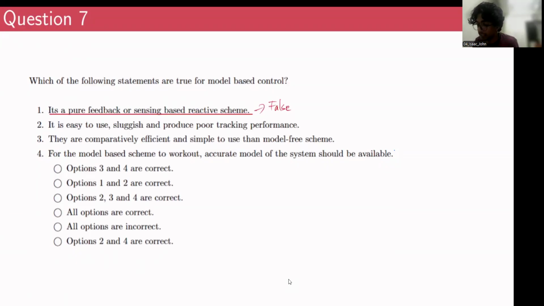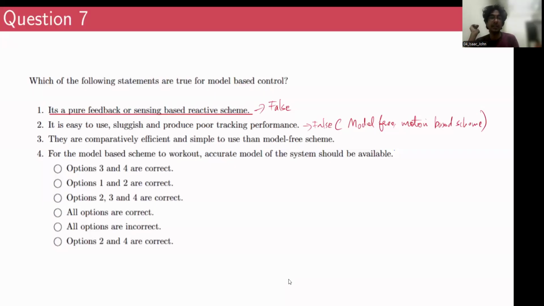The second statement, it is easy to use, sluggish, and produces poor tracking performance. That is also false, because this statement is attributed to a model free or motion based scheme, and not to the model based scheme.